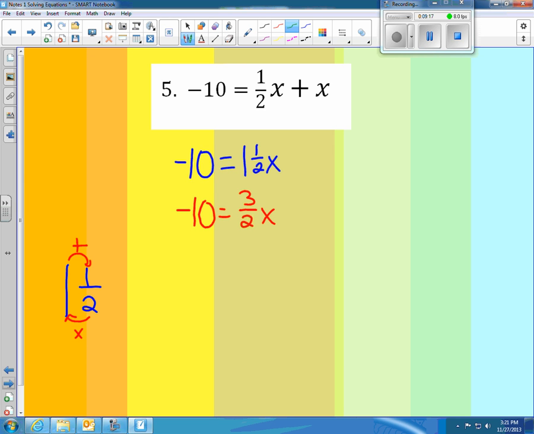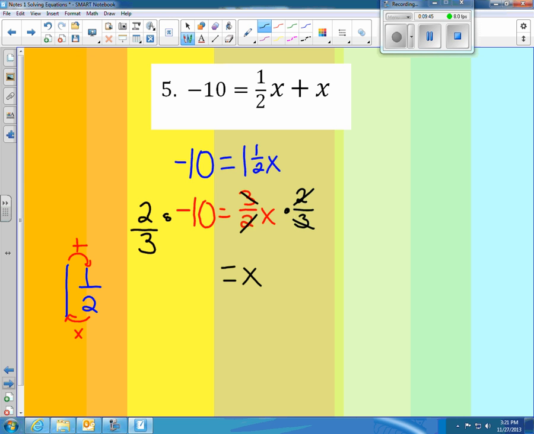So we need to get rid of that 3/2. We could divide by 3/2, but dividing by a fraction, we don't want to do that. We actually want to multiply by the reciprocal. So multiplying by the reciprocal means we're going to flip my original fraction, and I'm going to do it to both sides. My 3 and 3 will cancel, my 2 and 2 will cancel, so we're going to be left with x.